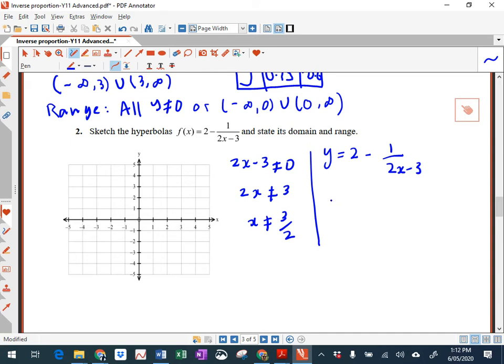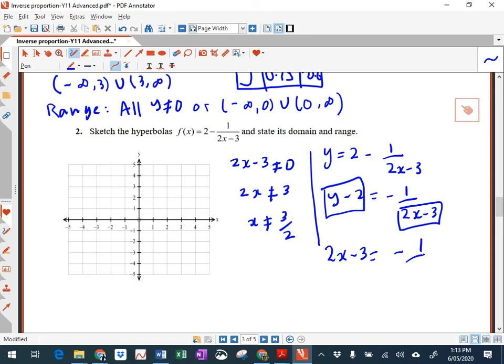Okay, so I'm going to do this a little bit differently. I'll put the 2 on the other side, and then I'm just going to swap this with this. So you get 2x minus 3 is equal to minus 1 on y minus 2.